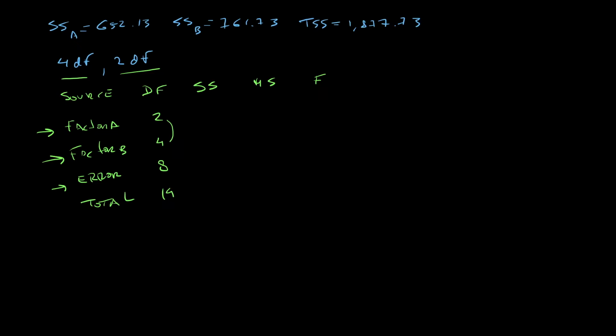The sum of squares, we're going to use the values that you calculated earlier. So the first one is 652.13. The second one is 761.73. And now we don't have this one, but we have the total sum of squares, and the number that we had was 1877.73.